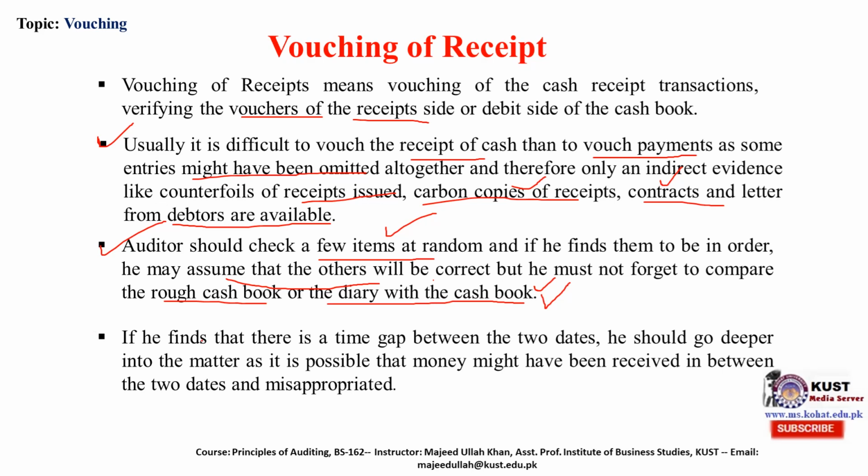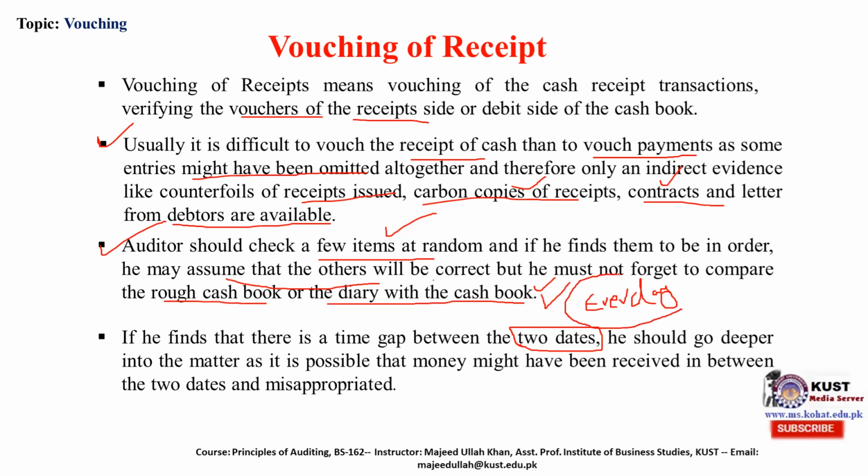If the auditor finds that there is a time gap between two dates, for example a gap of 3 days in cash book receipts, which is unusual, as often the cash book has an entry for every day, and the auditor finds that there is a gap of 3 or 4 days, he should investigate it. It is not necessary that it is a fraud.